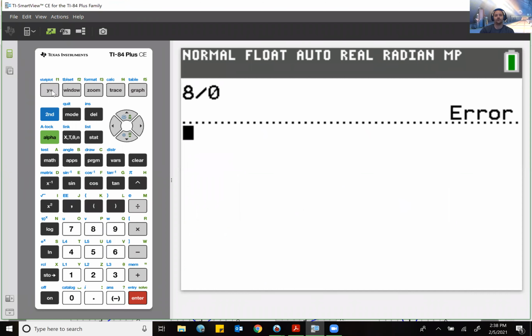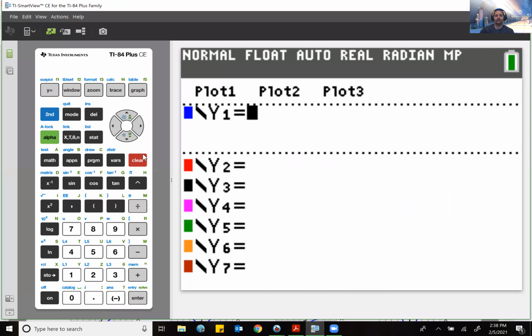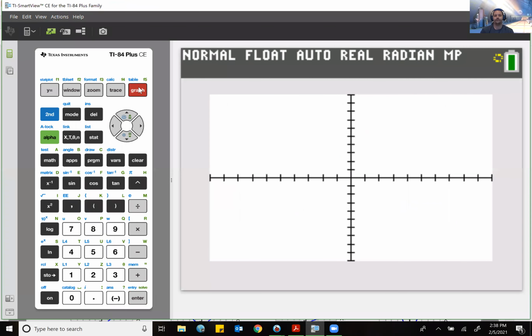Go to y equals and put it in. Our square root key is above the x squared. So hit second x squared, hit x, graph. There it is. Perfect. Okay, thank you. No worries. Give me one moment as I make my makeshift graph.